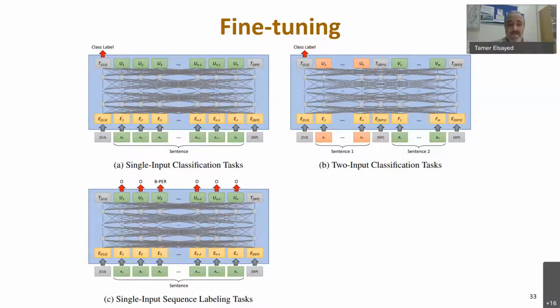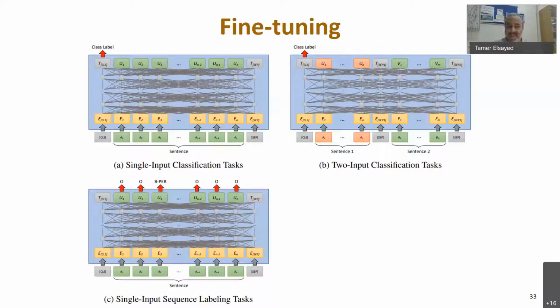Okay, the third type is single input sequence labeling tasks. This is something like, given one sentence, I want to tag or label each token in that sentence, for example, whether it is a name or not. This is called named entity recognition. So I want to get a tag for each token.